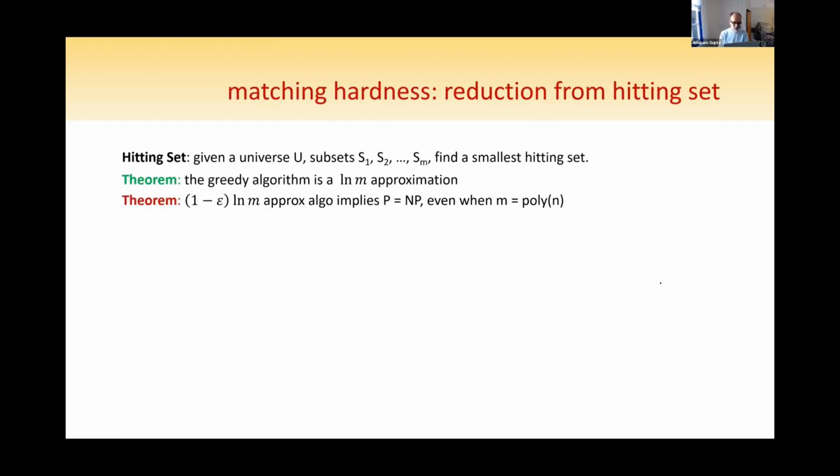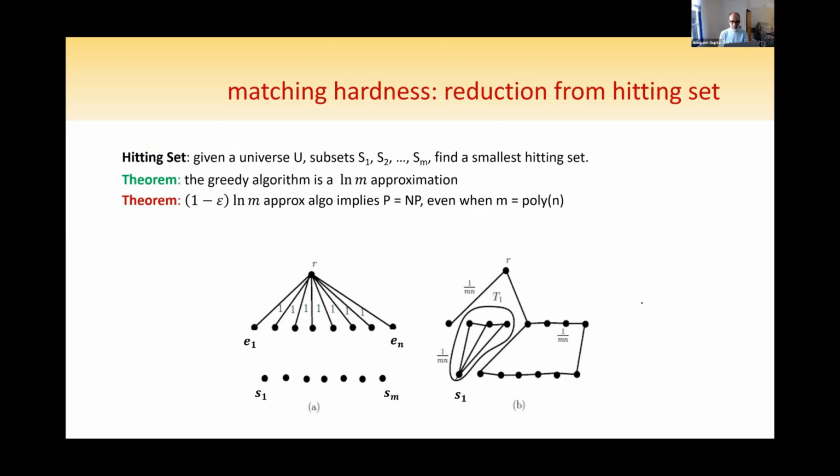Good. So there's one last thing that I will mention, which is that you can actually show that if you can approximate stochastic MST better than some factor C, then you can get a hitting set algorithm with the same factor. Okay.